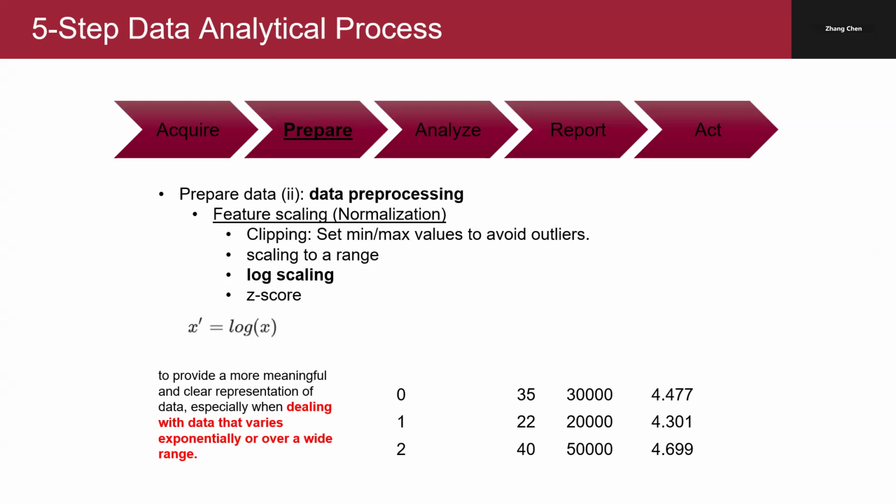In that way, we reduce the gap between the small and the large salaries. Log scaling provides a more meaningful and stable representation overall when we work with data that varies over several orders of magnitude.